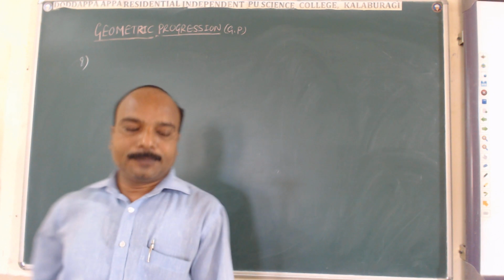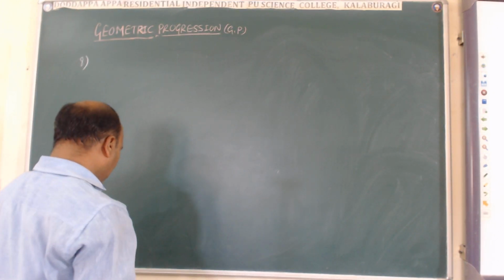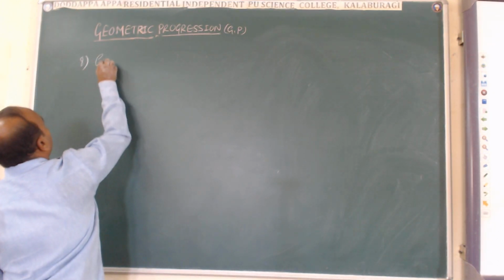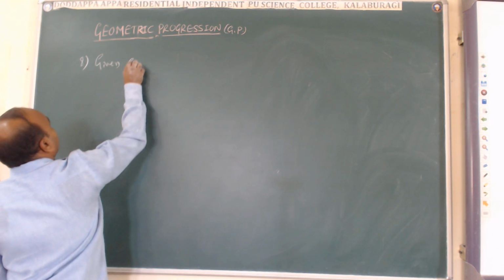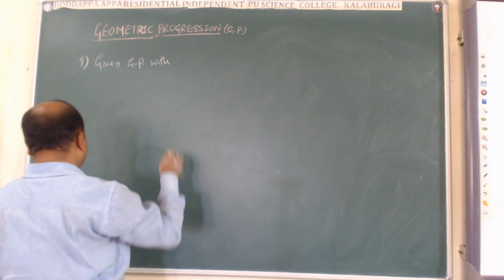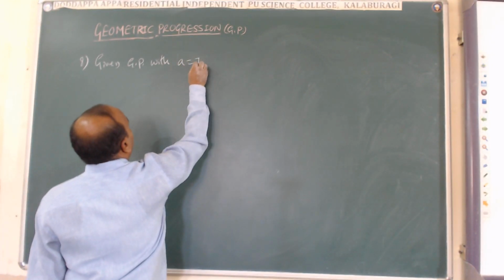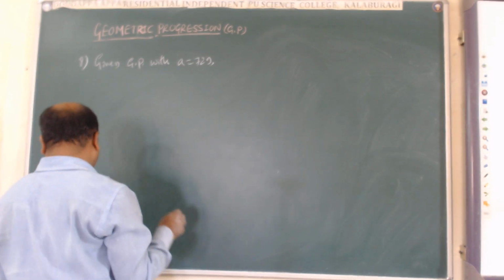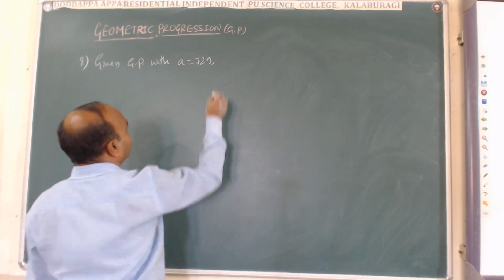Next example, given GP with a equal to 729 and 7th term is 64.